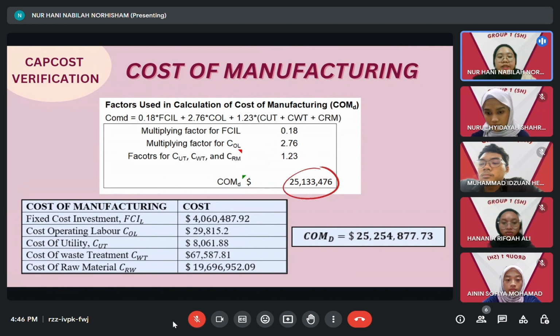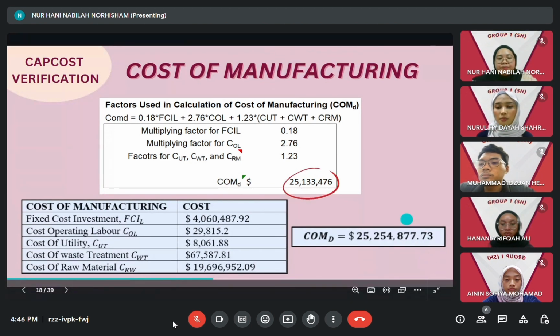Therefore, by comparing the manual calculation with the CAPCOST verification, we can see that the value that we have obtained for the cost of manufacturing without depreciation is around $25 million. Comparing it to the manual calculation, which is pretty similar, $25 million as well.